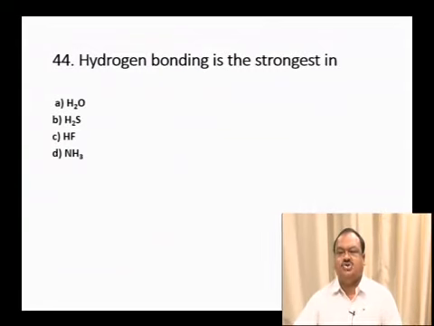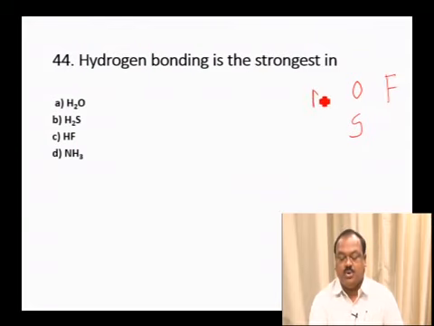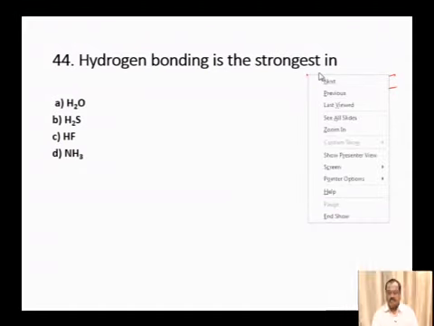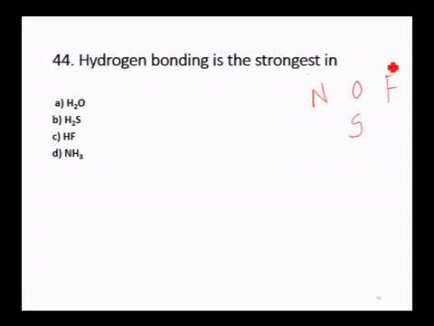Hydrogen bonding is the strongest in, as per the family: oxygen family, sulfur family, fluorine, nitrogen. These are the 15th, 17th, 16th groups, and the 14th group of nitrogen.